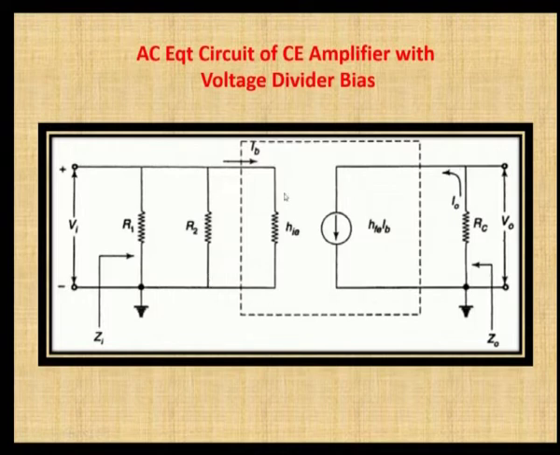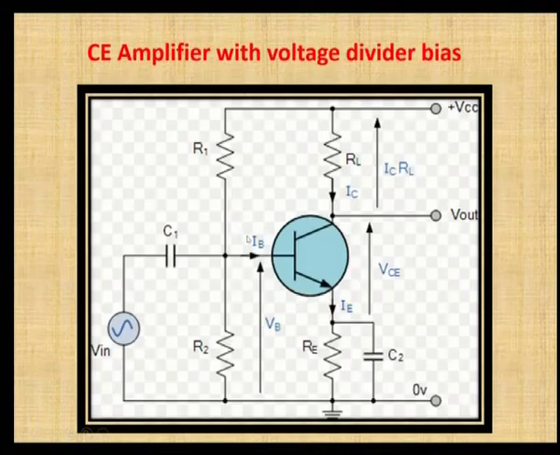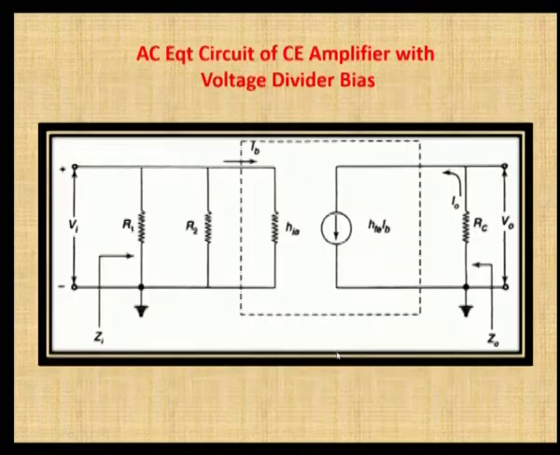For any hybrid model, the supply is considered as ground terminal. That is why R1 is connected between the base and the ground. So, this is the circuit after replacing the transistor with the hybrid model. You have R1, you have R2, and you have this RE also.